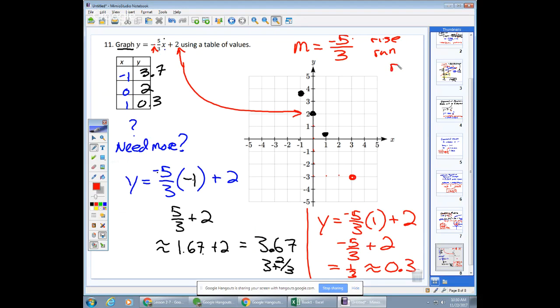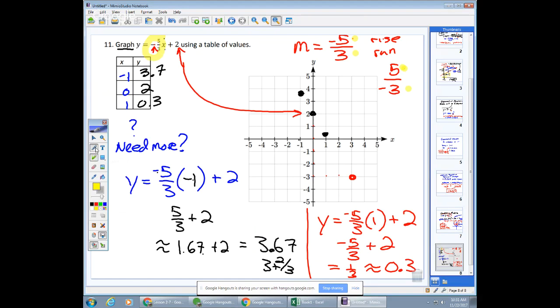Now this is a cool thing. If I take a positive number and I divide by a negative number, don't I still get a negative answer? So when I have a number like -5/3, I could view it as -5/3 or 5/-3. This one says I'm going up 5. The run, negative means go left.